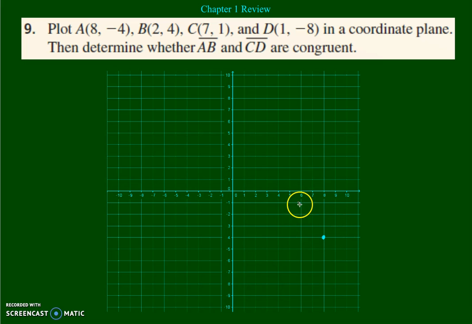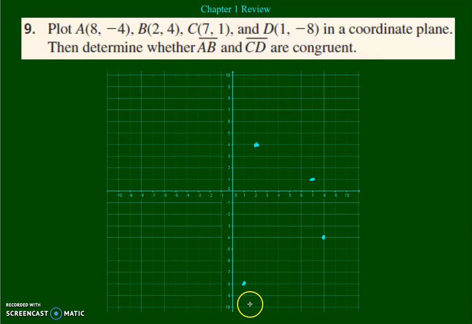We have (2, 4), which is here. We have (7, 1), which is here. And (1, -8).